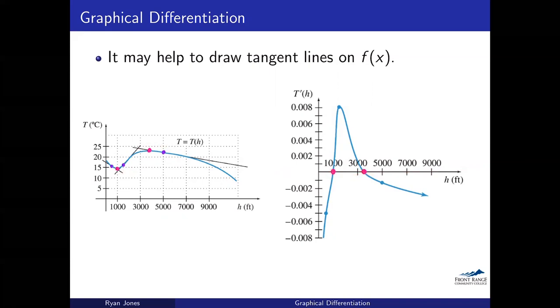Then on these other purple points, for these 2 purple points here, you can just kind of see, hey, the slope is negative and pretty steep. Here the slope is negative and it's a little bit shallow. So that corresponds to these 2 points here. The tangent line on this purple guy is negative and it's pretty steep.